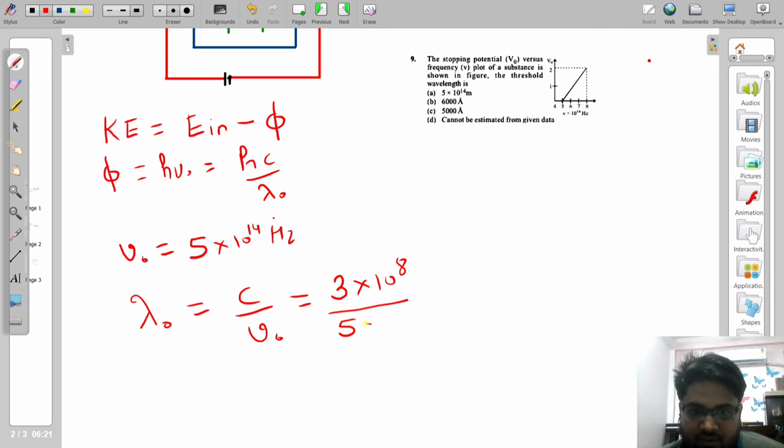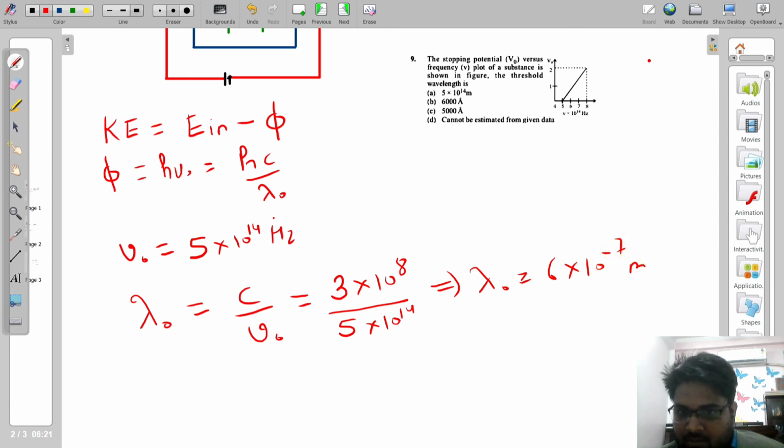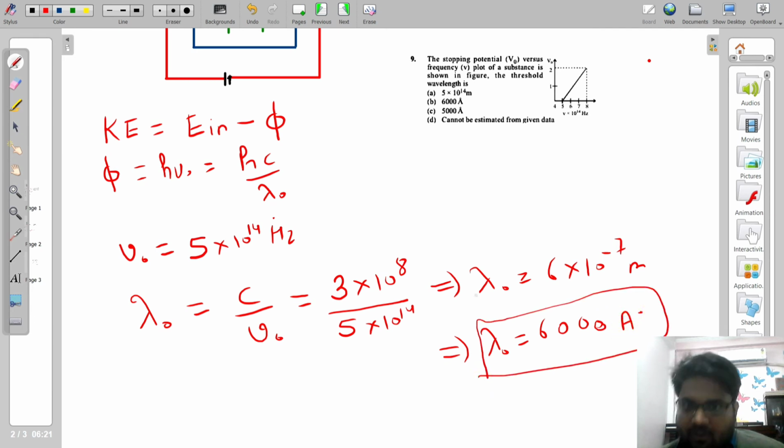Frequency is 5 into 10 raised to the power 14, and from here we have calculated lambda naught and its value is 6 into 10 raised to the power minus 7 meter, and consequently lambda naught will come 6,000 angstrom. So I think our B option is correct.